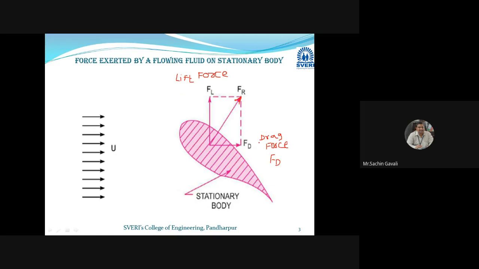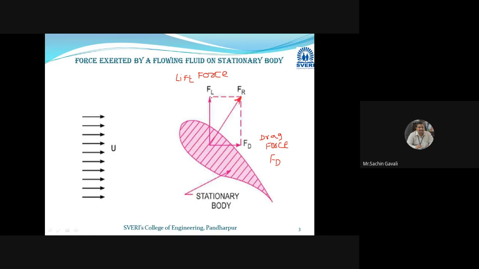The drag force is the component of a resultant force in the direction of flow, and the lift force is the component of a resultant force in the perpendicular direction of flow.